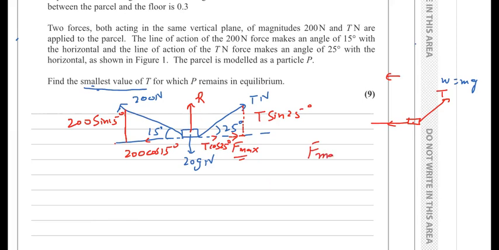We know friction is equal to mu R. Mu, the coefficient of friction, is given in the question as 0.3. So F maximum will be equal to 0.3 R, and wherever we need it, we will use 0.3 R.